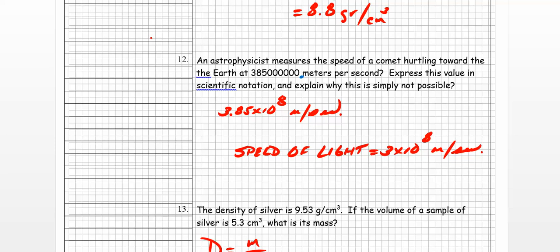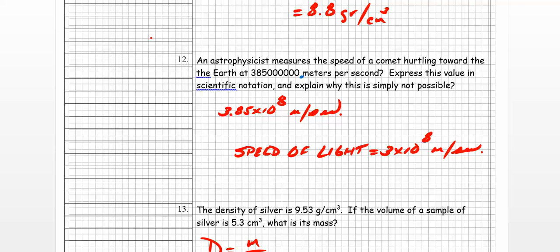We want one number to the left of the decimal, but no more. So we go 1, 2, 3, 4, 5, 6, 7, 8 places to the left to get to 3.85, which places one number to the left of the decimal, right? And so that means 385 followed by 6 zeros would be 3.85 times 10 to the 8th meters per second.